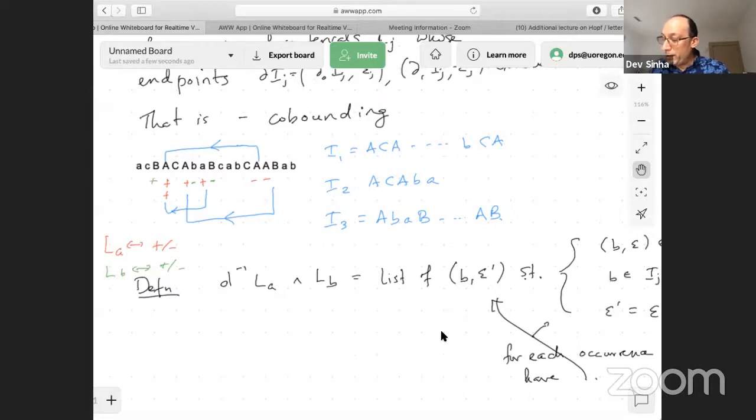So here I've got a B with a minus, but I've got three occurrences. So what I'm going to do is now D inverse LA is chosen, wedge LB are going to be the purple plus minuses. And here, the first B is in all three intervals, so it gets three minuses.